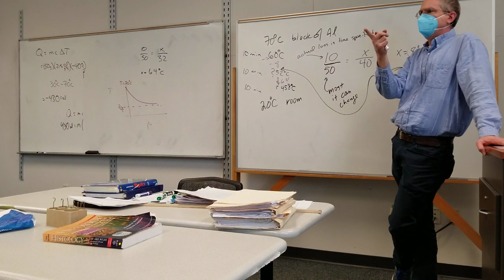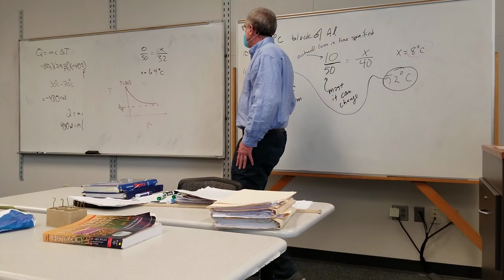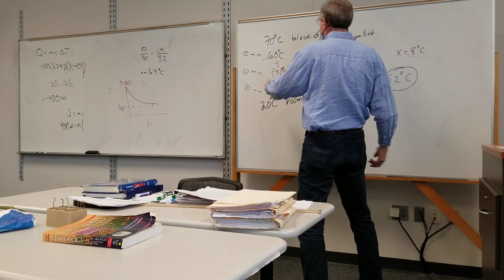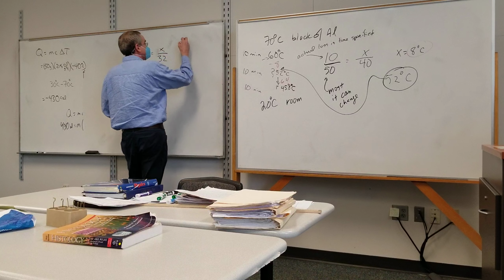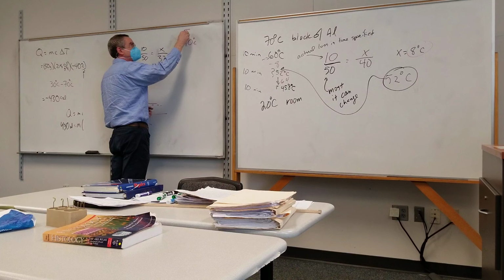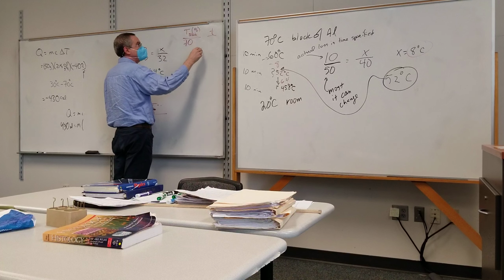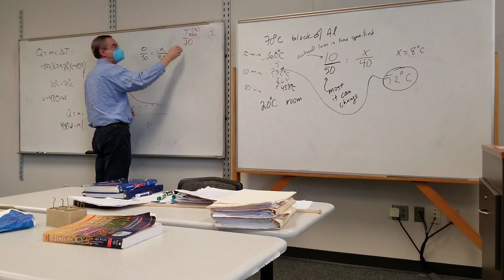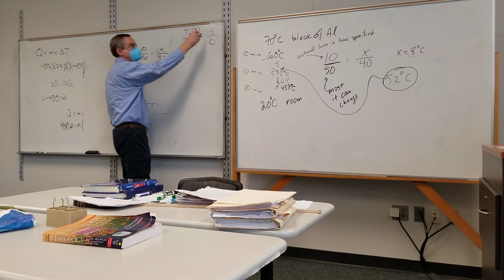Is that a question, Elaine? I was curious about the 32, where did we get that from? So we started out at 70 degrees. The temperature of the block, in degrees Celsius, and then time in minutes.